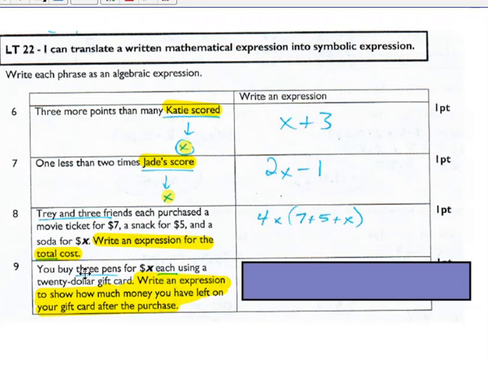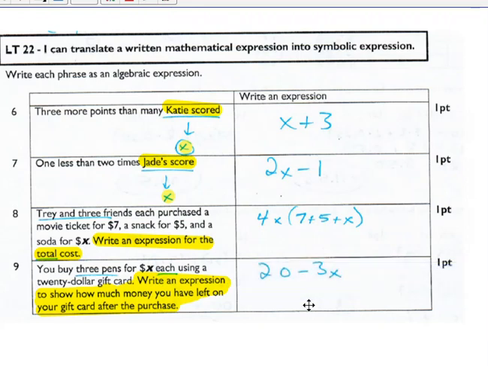And number 9, you buy 3 pens for X dollars each using a $20 gift card. So we want the expression that shows this. Well, you have 20 bucks on your gift card. You're going to buy 3 pens that each cost X dollars. So this would look like this, 20 minus 3x.